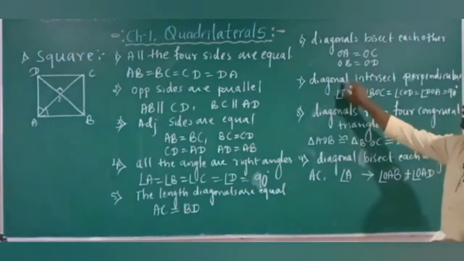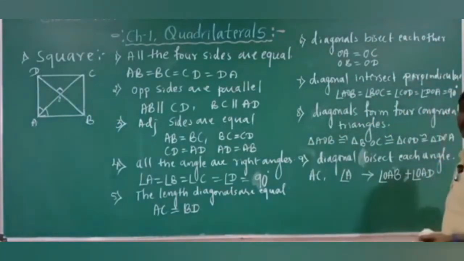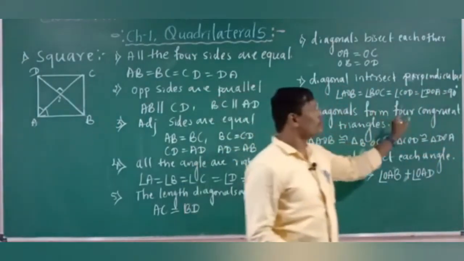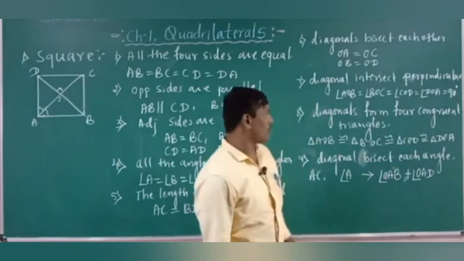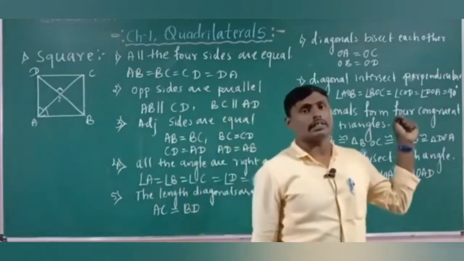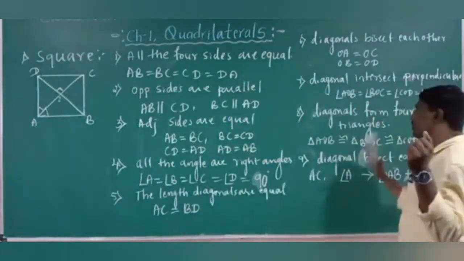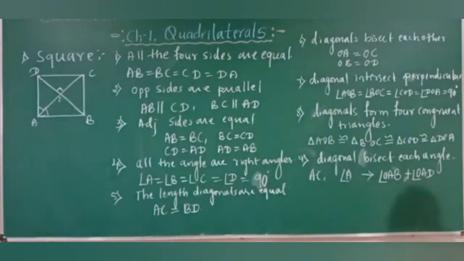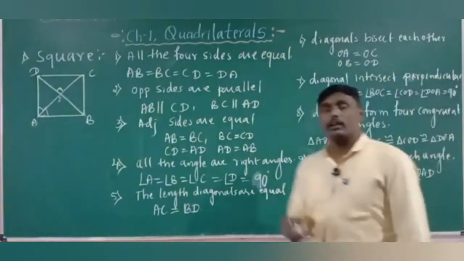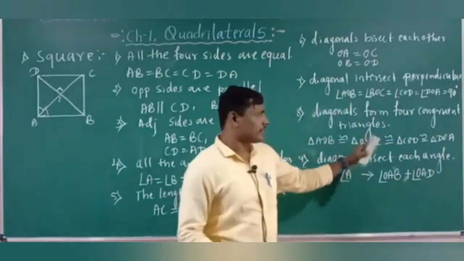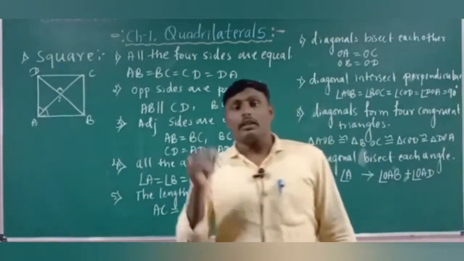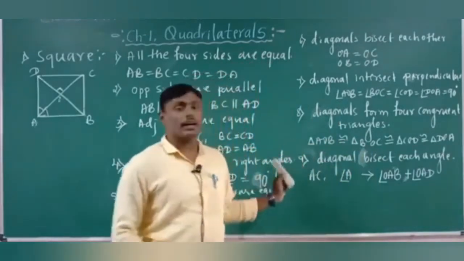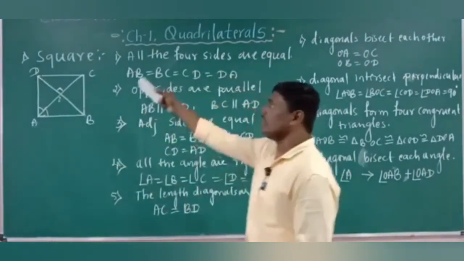Seventh one, diagonals intersect perpendicularly. Eighth one, diagonals form four congruent triangles. When two diagonals intersect, they form four congruent triangles. And last one, the diagonals bisect the angles that they pass through. Okay, so these are the properties of the square.